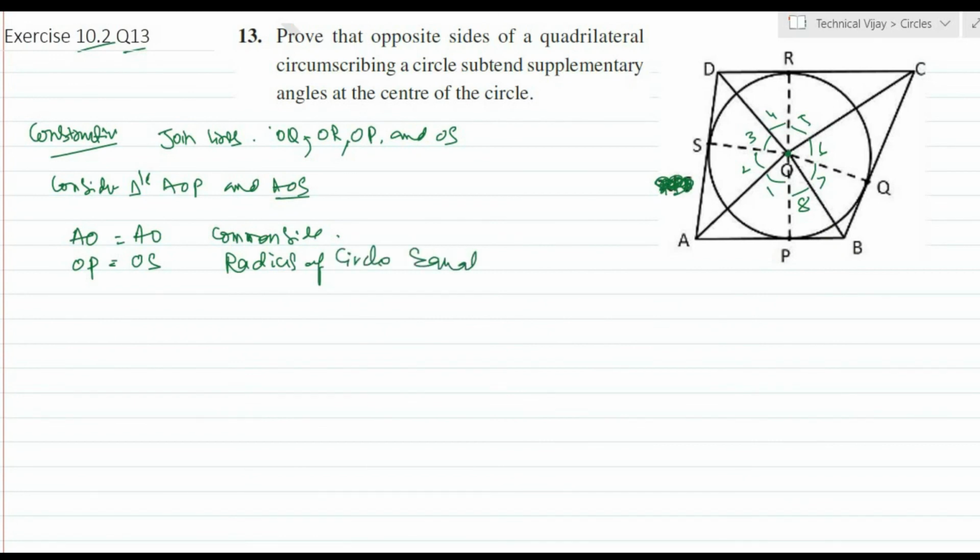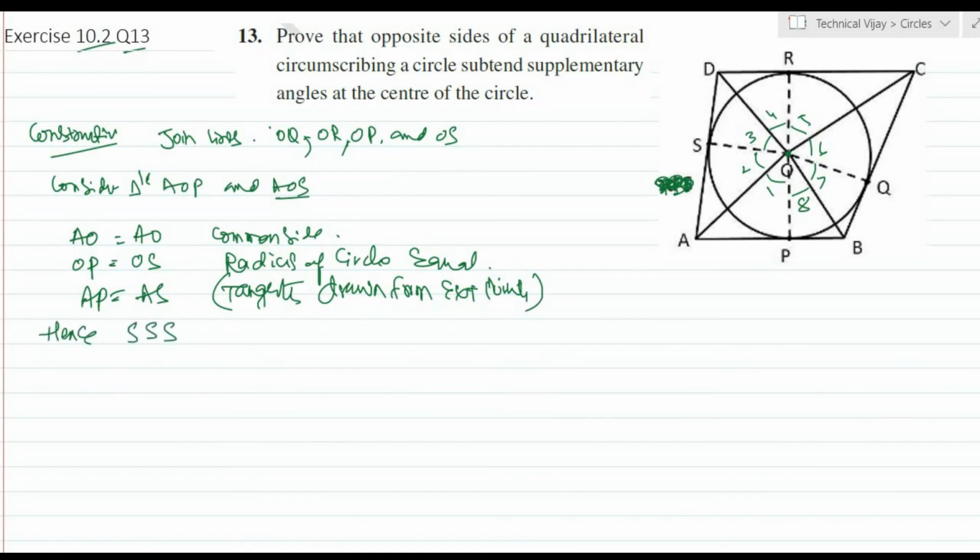And AP is equal to AS, because tangents drawn from external points are equal. Okay, so hence from the congruency rules, both triangles, triangle AOP and AOS, are congruent.